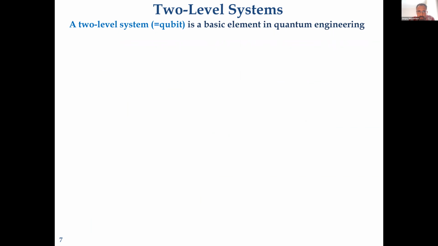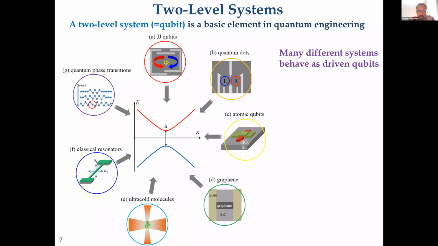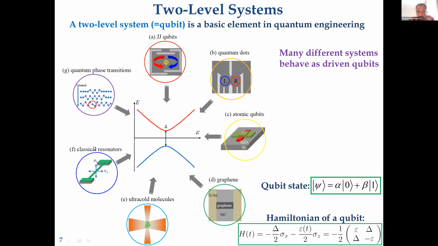So let me start by saying that very many different systems behave as qubits, which are driven by external signals. Just look how diverse they are. We theorists describe this by the state vector in the superposition of two basic states and the Hamiltonian, the pseudo-spin one in terms of Pauli matrices.